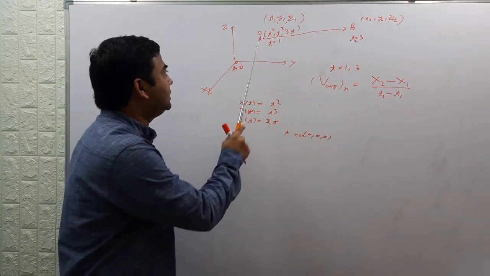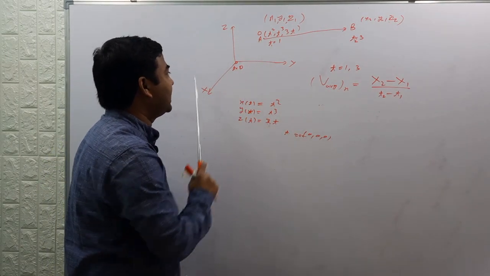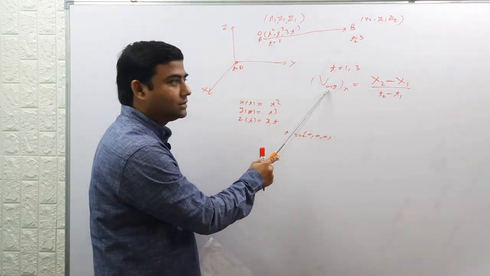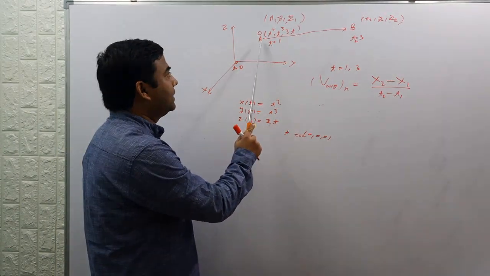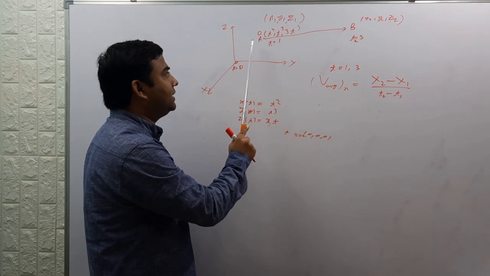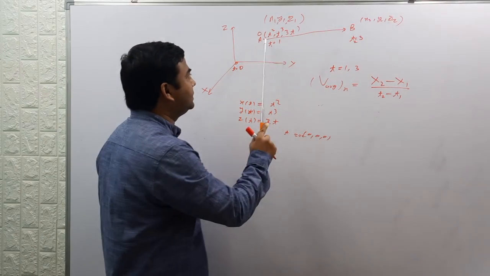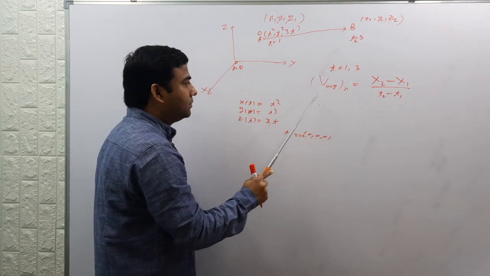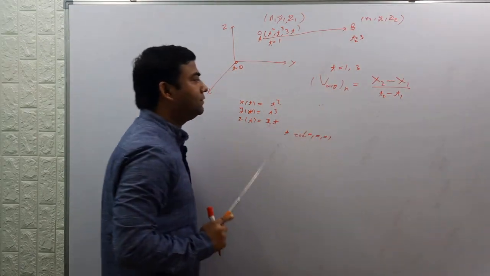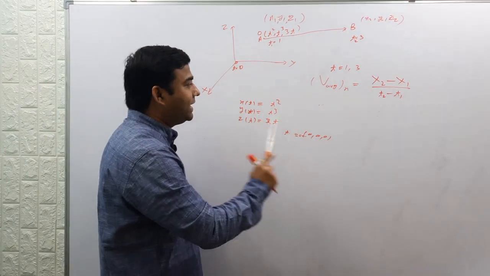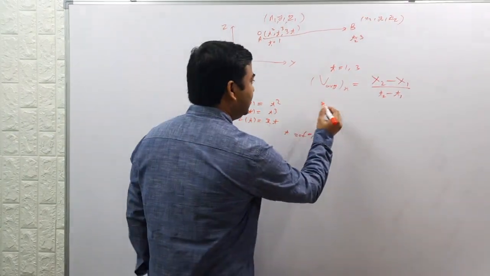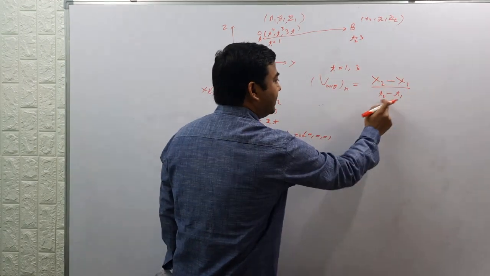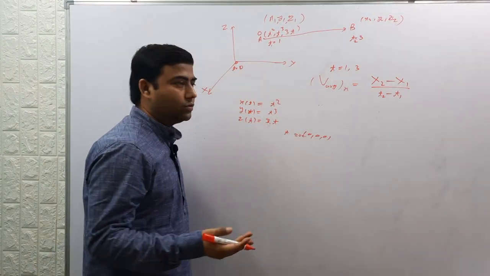So how is the velocity of this point moving in this axis system defined? Because its velocity is changing with time, it will have different instantaneous velocities between points A and B. But between A and B, when we find average velocity in x direction, we will use this formula, x2 minus x1 by t2 minus t1, that you all know.